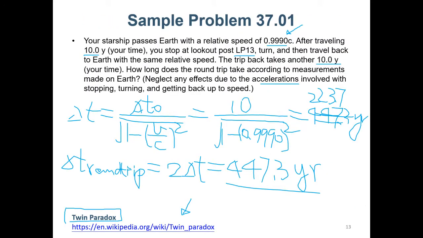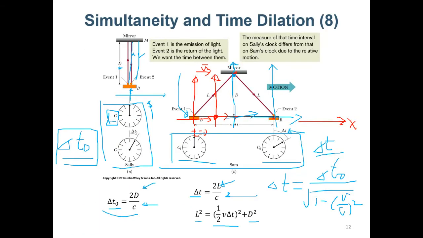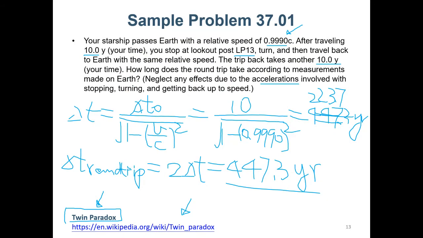So we have another sample problem about this property. This is called the twin paradox. The tricky part is that it is a little bit different from this case. Because for this case, the starship actually goes back to the original point.